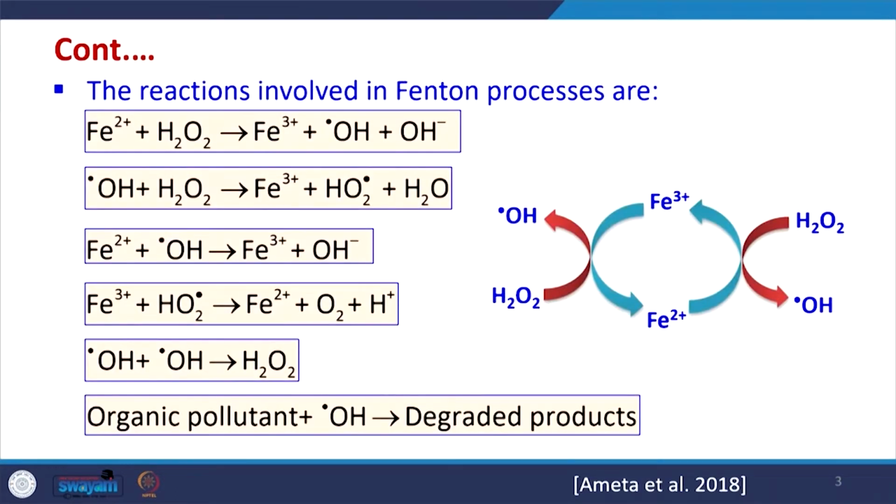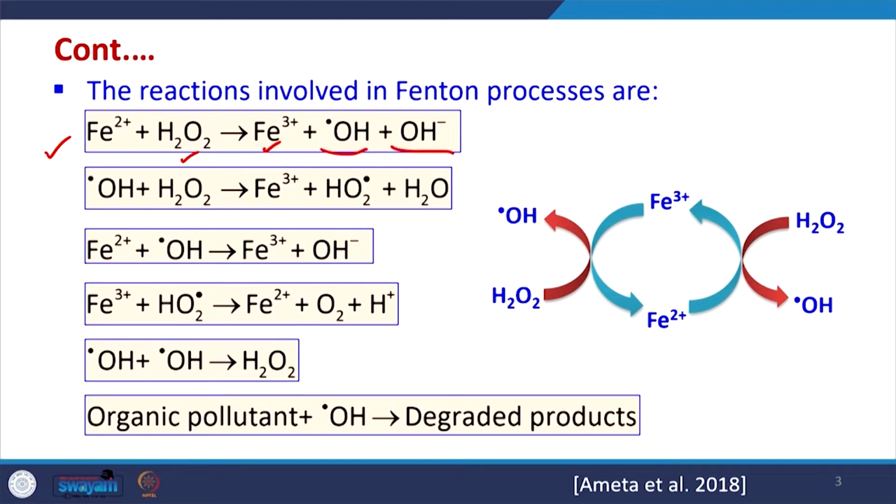Now, there are different reactions involved in the Fenton processes, and these reactions are given here. We can see that Fe2+ may combine with hydrogen peroxide to form Fe3+, the OH radical and OH- ion.